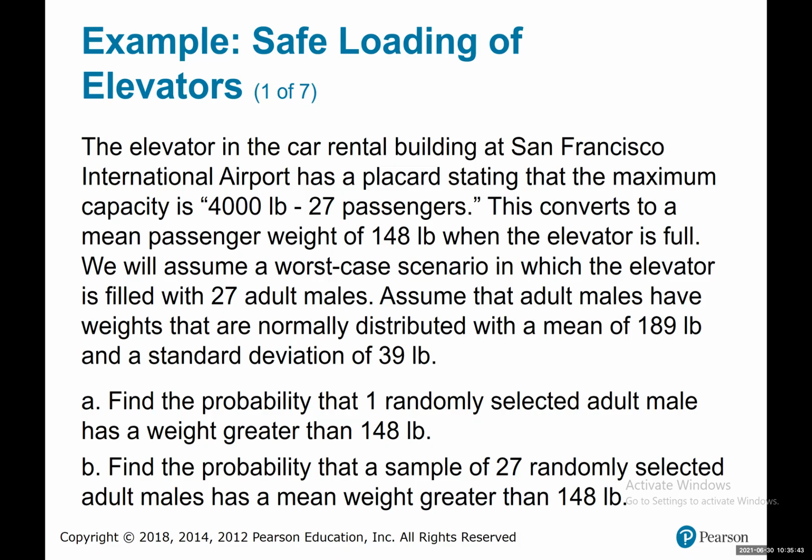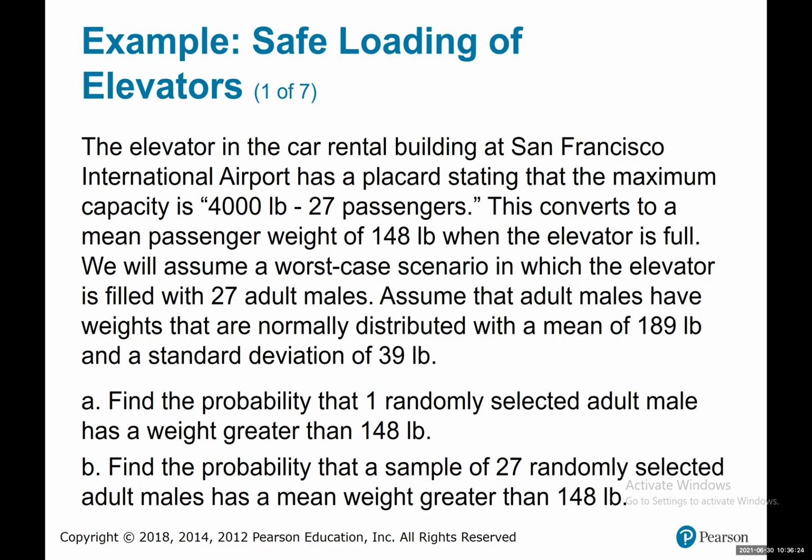This converts to a mean passenger weight of 148 pounds when the elevator is full. We will assume a worst case scenario in which the elevator is filled with 27 adult males. Assume that adult males have weights that are normally distributed with a mean of 189 pounds and a standard deviation of 39 pounds. A, find the probability that one randomly selected adult male has a weight greater than 148 pounds. B, find the probability that a sample of 27 randomly selected adult males has a mean weight greater than 148 pounds.